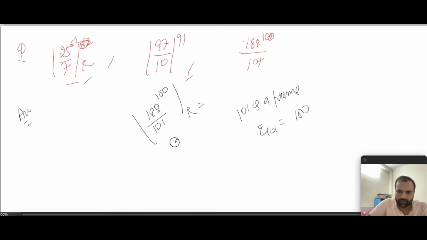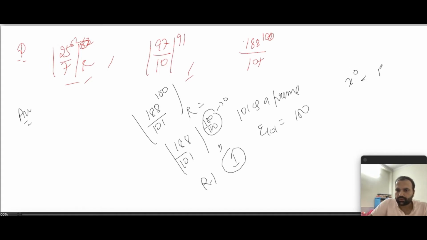So what we can do simply is 188 by 101, and it would be 100 by 100, so it will be 0. So 0 on top of everything would be 1, so the remainder would be 1. If this goes to 0, don't convert everything into 0, because anything to the power 0 is 1. So don't just stop over here.